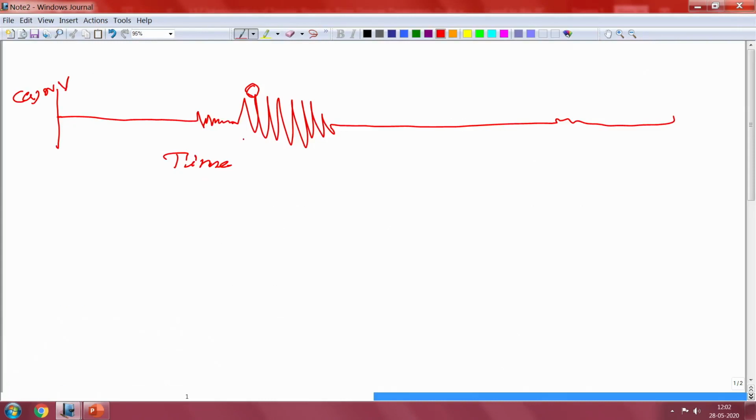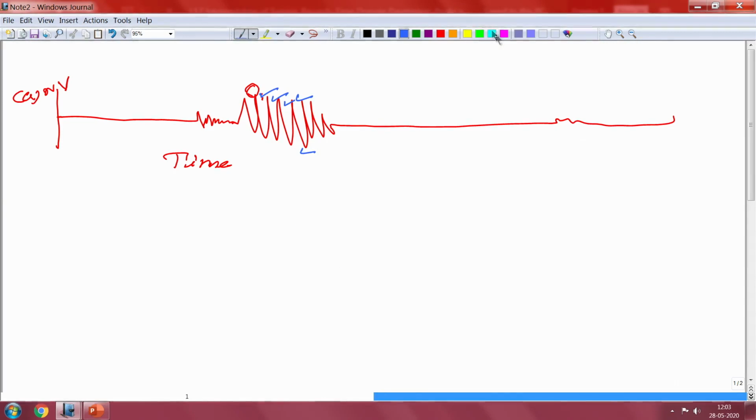But if you look closely, even though this peak is slightly higher, there are other components of the waveform, this one, this one, this one, which are slightly less than the peak but occur several times. So it is not always the peak value that causes damage.